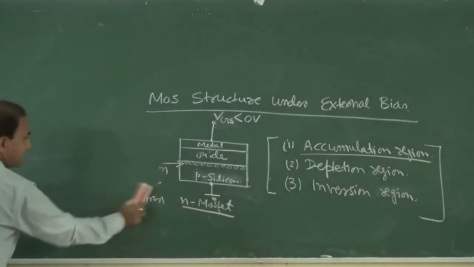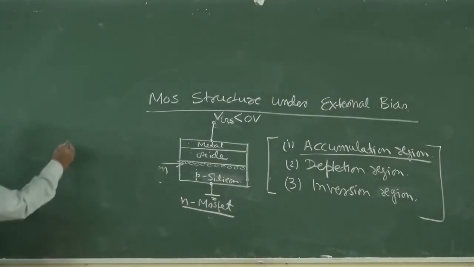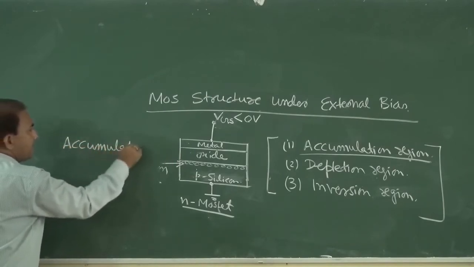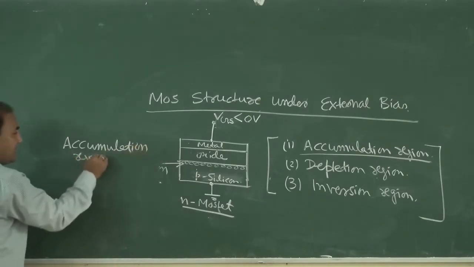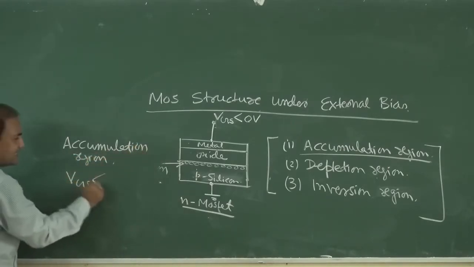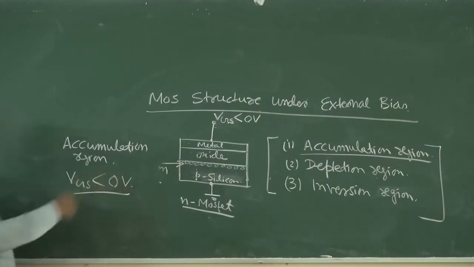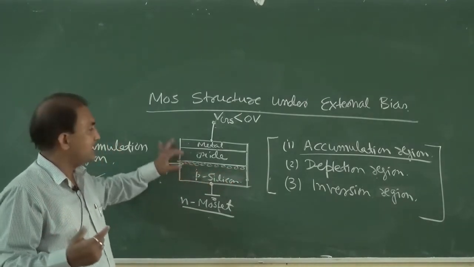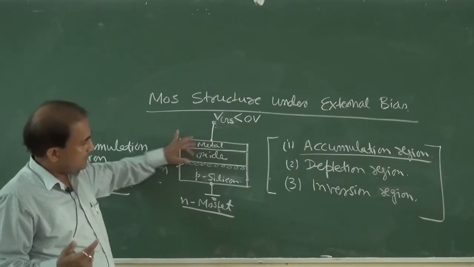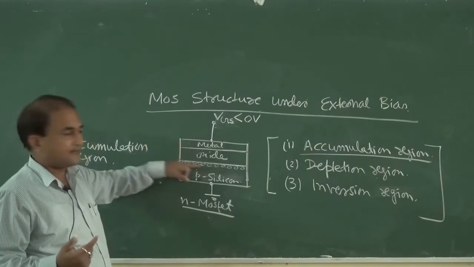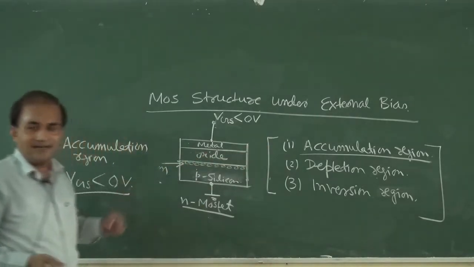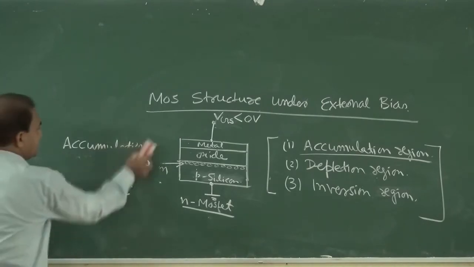So we can say that the accumulation region can be created when VGS is less than 0 volt in case of N-channel MOSFET. Here the accumulation of holes takes place in the oxide substrate interface layer. So this is all about accumulation region. Then we will see about depletion region.